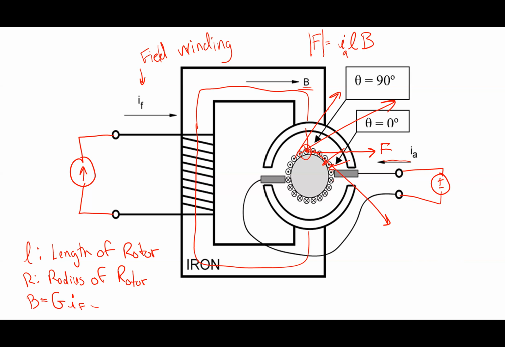Now, if I want to talk about the torque, that's what I usually care about in a rotational system, I have to do two things. This was the force on one of them. I can talk about the total force, which would be the sum over all the windings. So if I have N windings, F total is basically N times I A L B, like that. That's a magnitude.